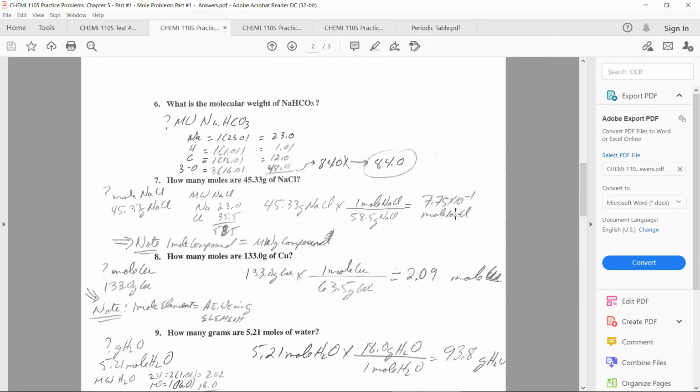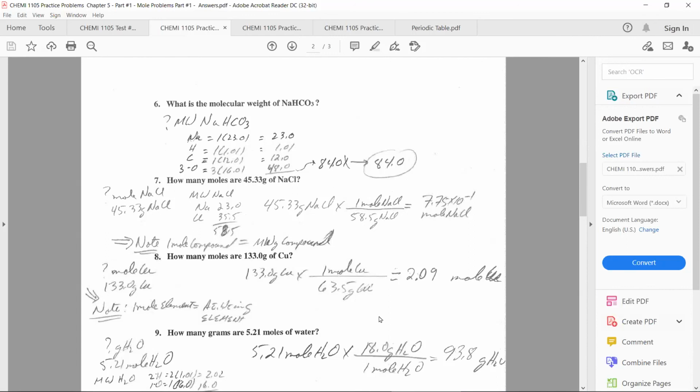And now we'll use our good buddy, our good friend, unit analysis. Yeah, I'll do it one more time. And whatever we're trying to get to goes on top of the ratio. Whatever we're trying to get rid of goes underneath the ratio. Where do I get a relationship between moles of sodium chloride and grams of sodium chloride?